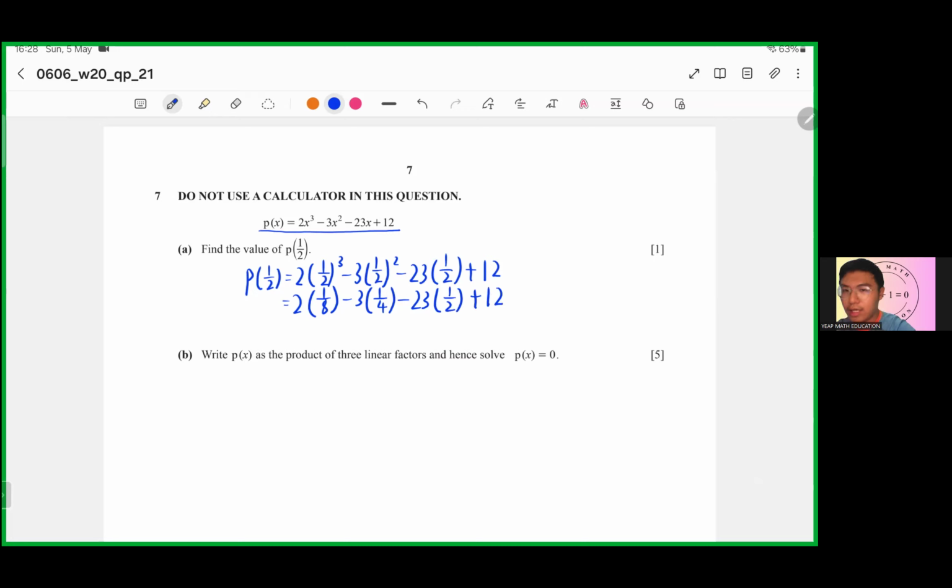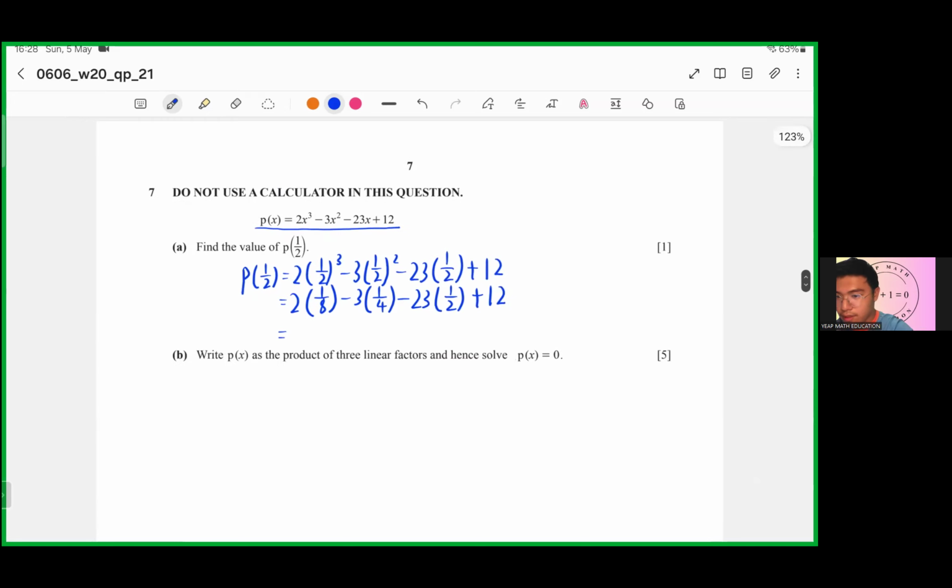Then we see the value. We get the answer equals 0.